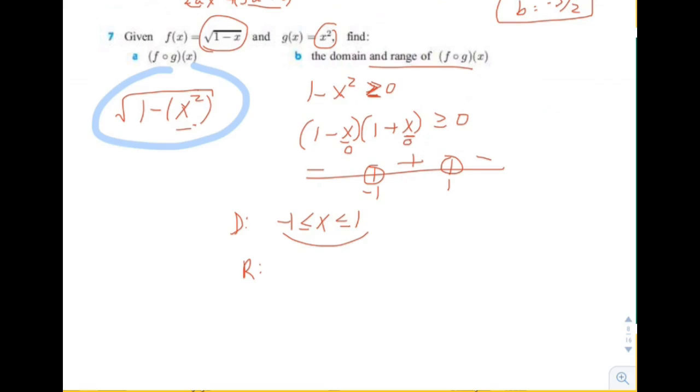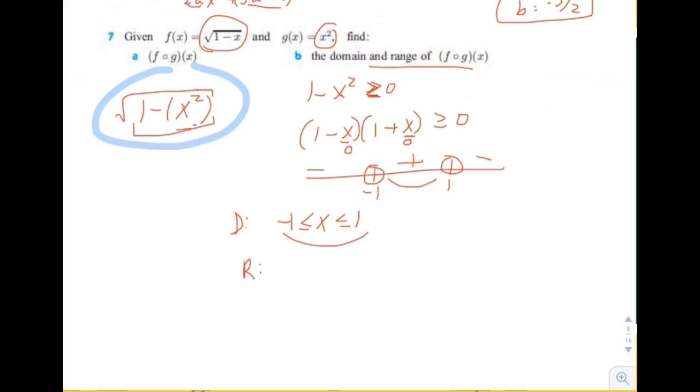It's never going to be bigger than 1, because whatever you put in for x, we're only going to permit values between negative 1 and 1. So if you put in a small value between negative 1 and 1, it's going to be a number that is smaller than 1. So basically your highest value you can get out of 1 minus x squared would be 1.